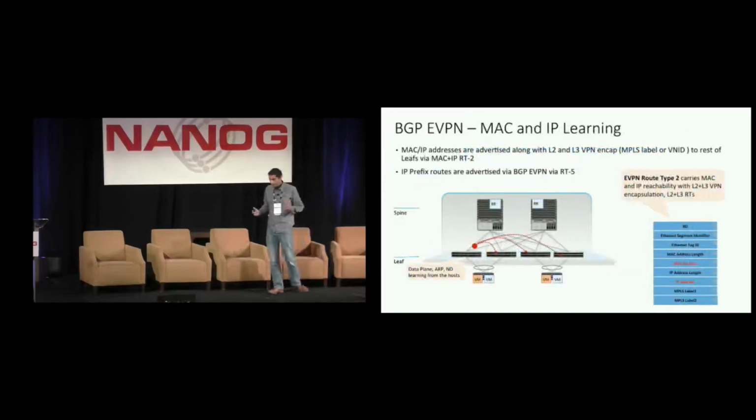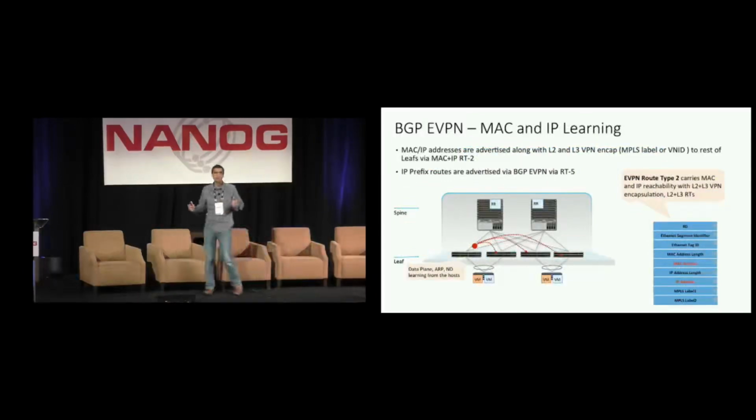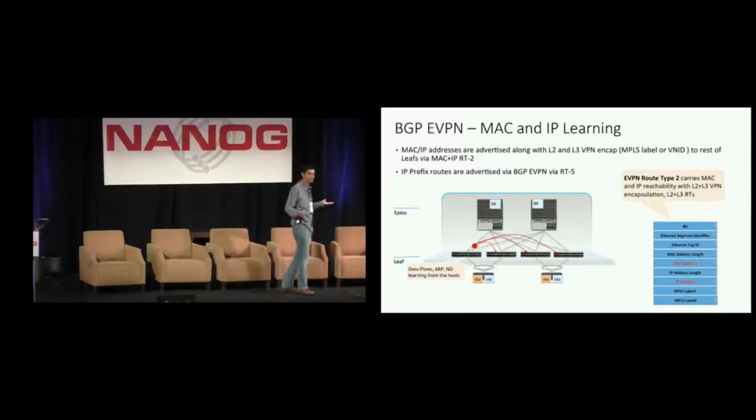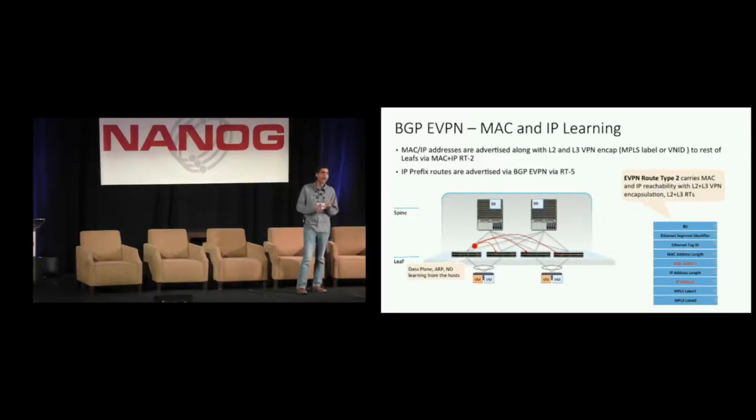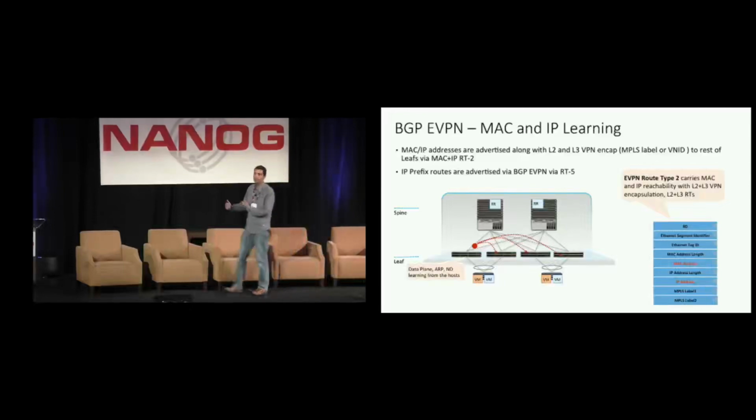Now, if an EVPN instance is stretched across multiple leaves in the data center, which means you have a layer 2 VPN overlay that stretches layer 2 across multiple leaves, then all the MACs in that EVPN must be advertised to all the other leaves that are part of that EVPN instance and installed in the corresponding MAC VRFs on those leaves.